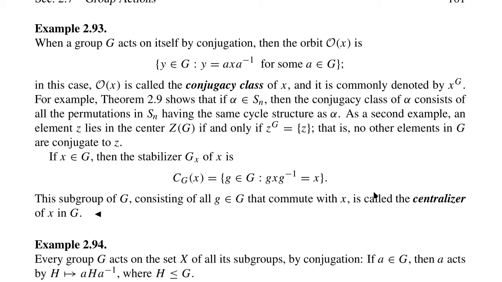And so this is a subgroup of G, obviously, and these are all the elements that commute with X. This is the centralizer of the specific element X in the group, right? So yeah, interesting stuff.